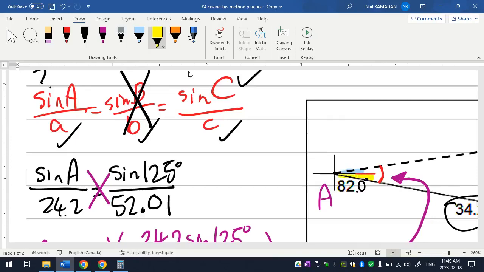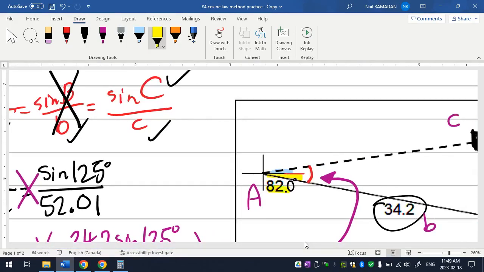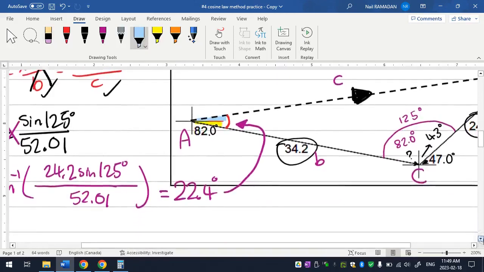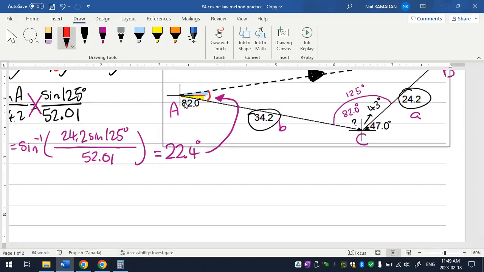Well, this yellow part is 8 degrees, as you can tell, because if this is 82, then the part above it is just 8 degrees. And that will give me this part right here. So on the side, I can do 22.4 degrees, take away 8 degrees, I will get 14.4.